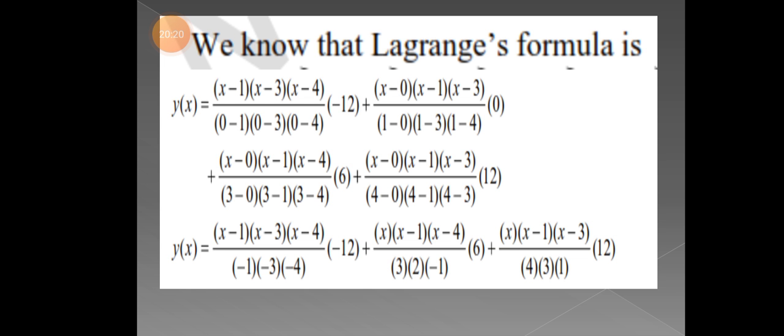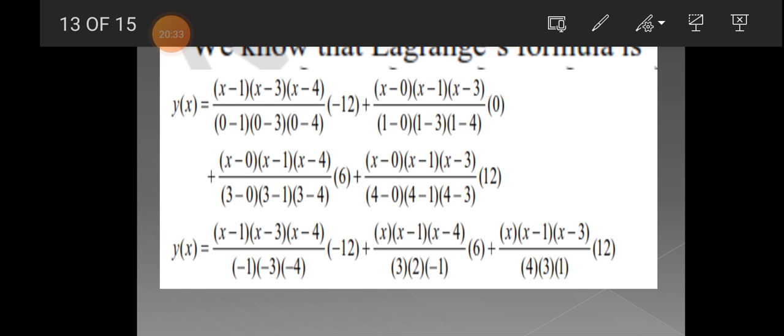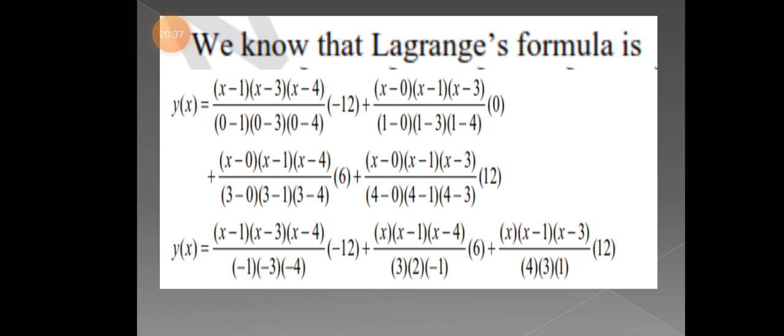And finally I am getting x minus 1, x minus 3, x minus 4 divided by minus 1, minus 3, minus 4, minus 12, plus x into x minus 1, x minus 4 divided by 3, 2, minus 1 into 6, plus x into x minus 1 into x minus 3 divided by 4 into 3 into 1 into 12. So these are the values.